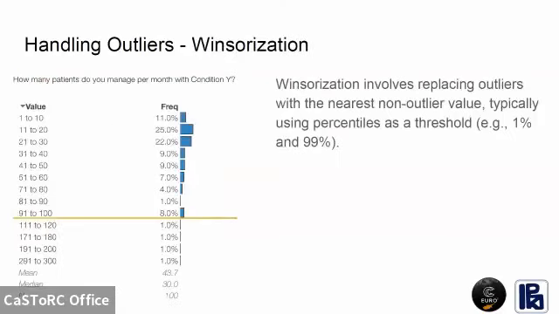The last one is a little bit simpler. It's winsorization. And what you do, for example, you just simply take a percentage. In this case, you have the frequency of these values, 1 to 10, 11 to 20, and so on, and you see the frequency they appear in your data set.